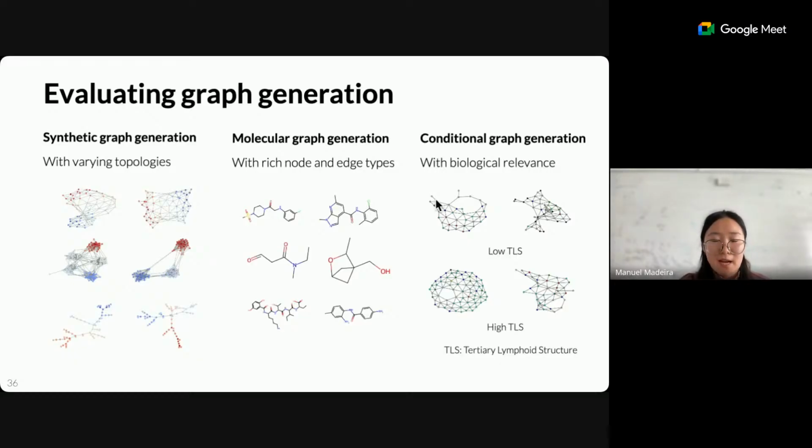And in the end, we also test the performance of DeFog on conditional graph generation. Here we consider a special graph dataset extracted from tissue images that have certain biological relevance. Based on that relevance, we can group those graphs into either low TLS content or high TLS content. So in the end, we want to do conditional generation based on those two types.